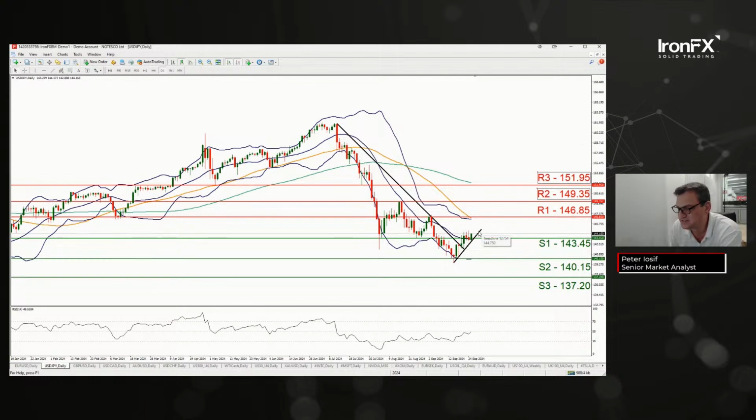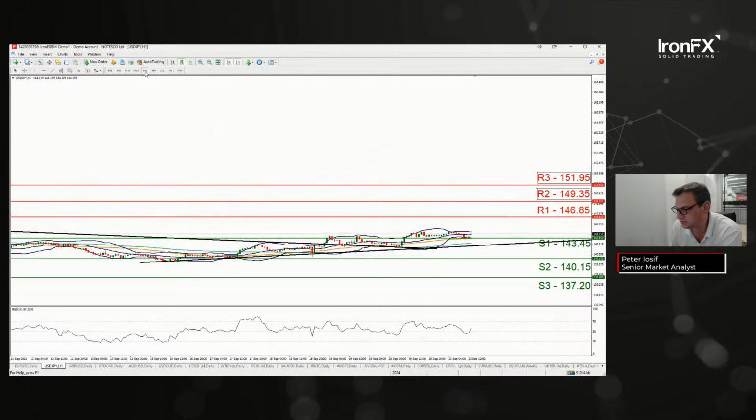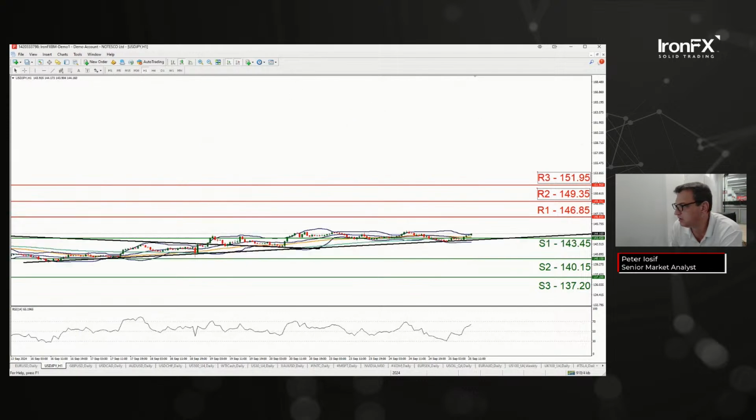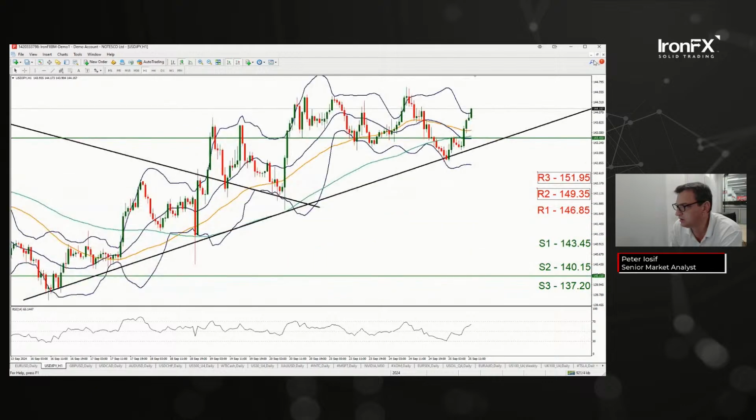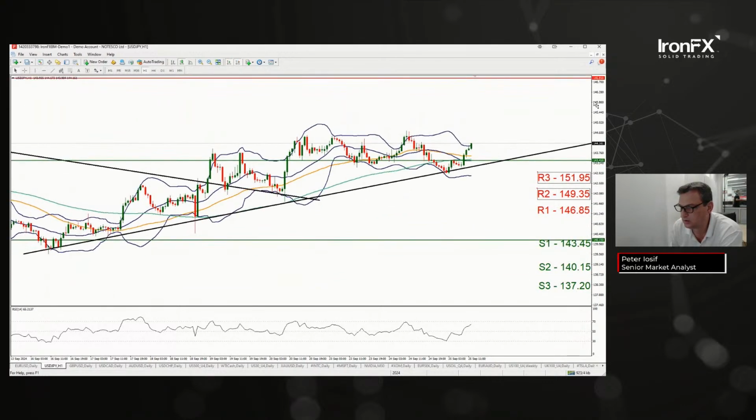For more detail, let's have a look at the 1 hour chart. Okay, seems to be about right.